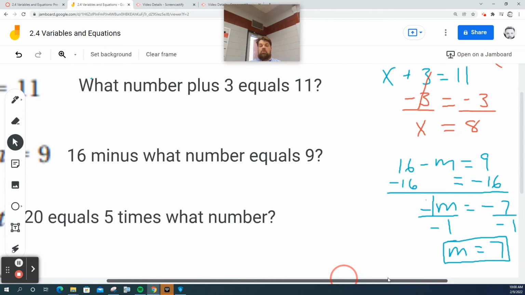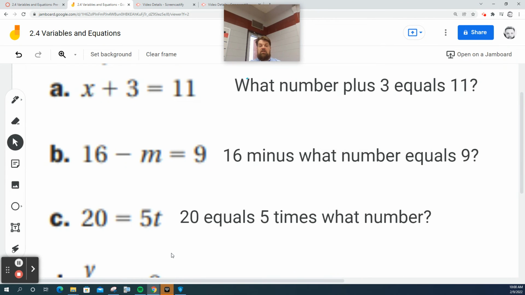All right, now for this one, I'm just going to do this one right here because we're starting to run out of room. This is an easy one-step thing. I want to get t by itself, right? What does that 5 in front of the t do mathematically? Multiplying. What's the inverse of multiplying? Division. So I'm going to divide this side by 5, and whatever I do on one side of the equal sign, I do to the other.